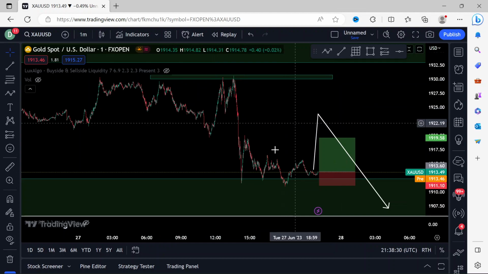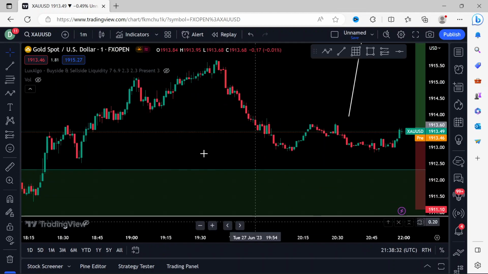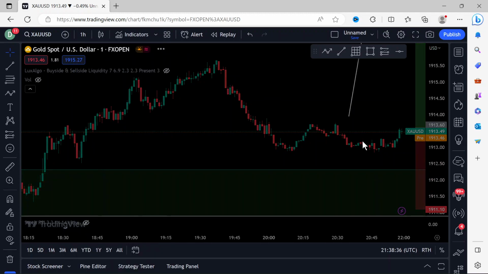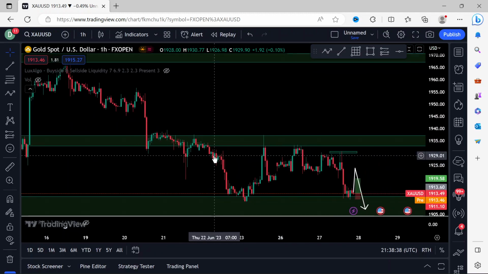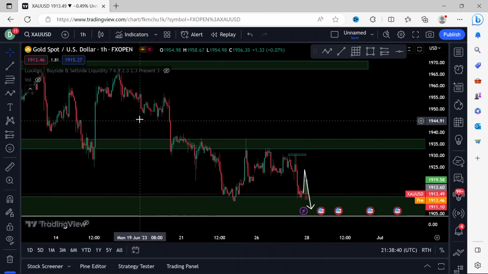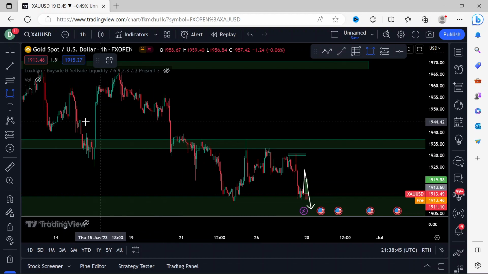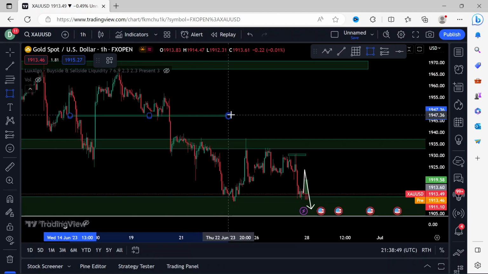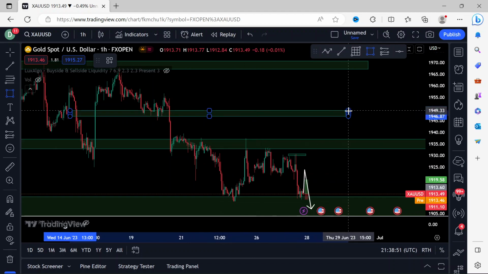So I hope you understand, but I want you to move to your charts to identify significant support and resistance. There are a lot of support and resistance, as we can find this potential support and resistance right here.